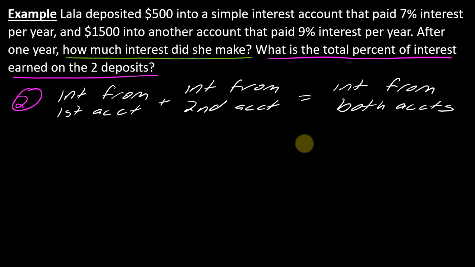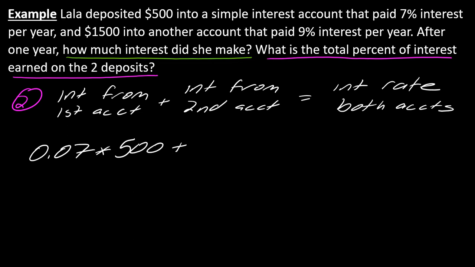Maybe I'll say the interest rate between both accounts. The setup here is literally the exact same. It's still going to be 0.07 times 500 and then 0.09 times 1500. But the thing I'm trying to figure out is how do I get to this interest rate from both accounts?